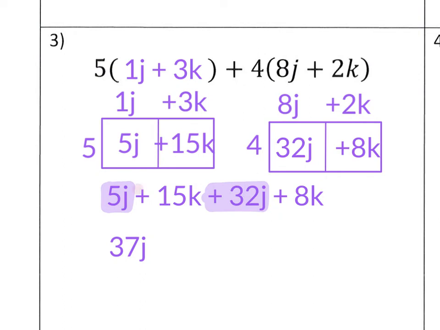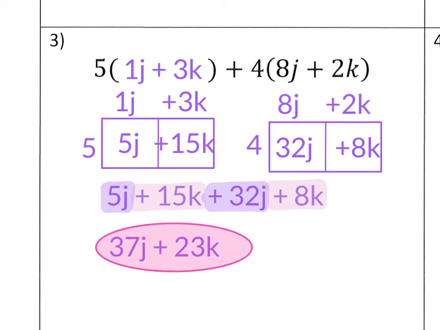I see a positive 15k, and I also see this positive 8k, so I can put the 15 plus 8 in my calculator. 15 plus 8 gives me positive 23. Remember, they were k variables, that's why I was able to put them together. So my answer here is 37j plus 23k.